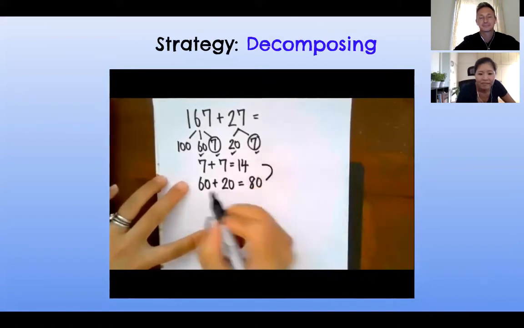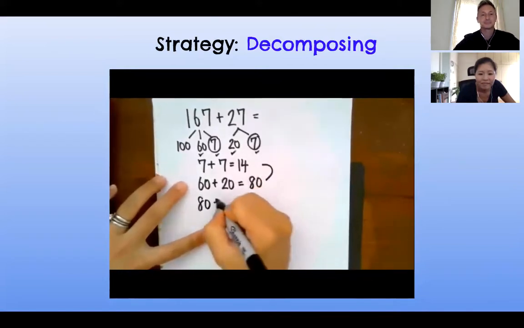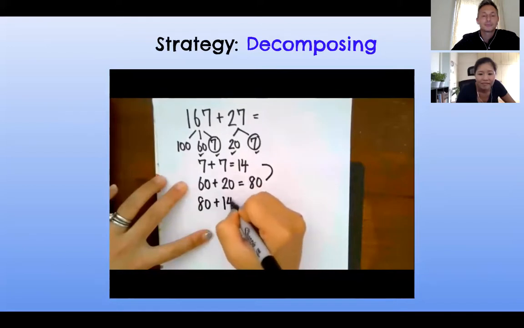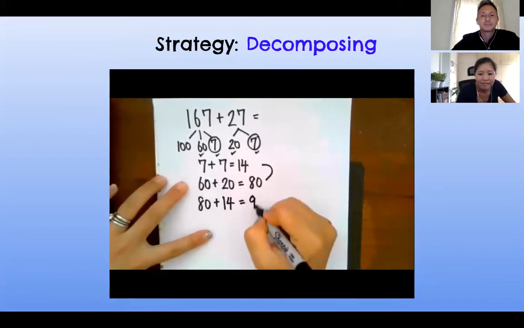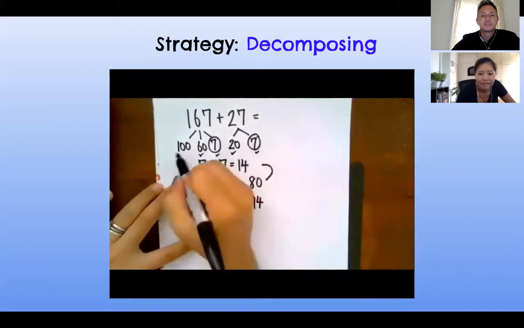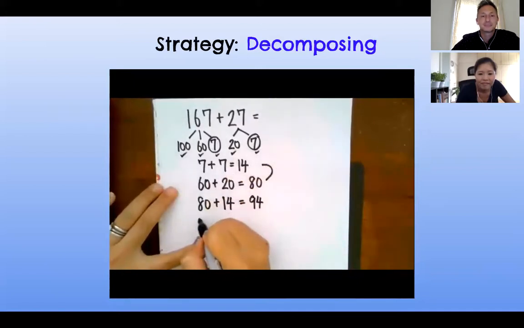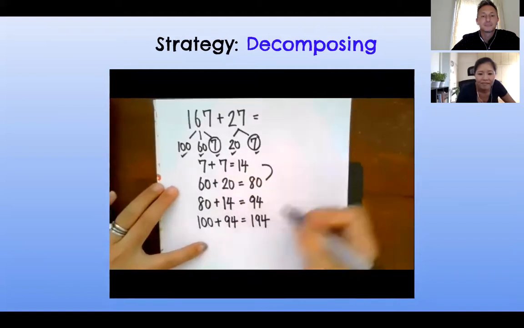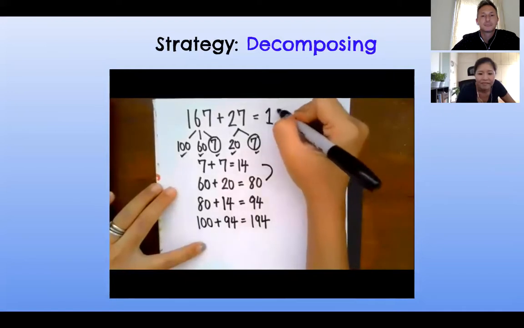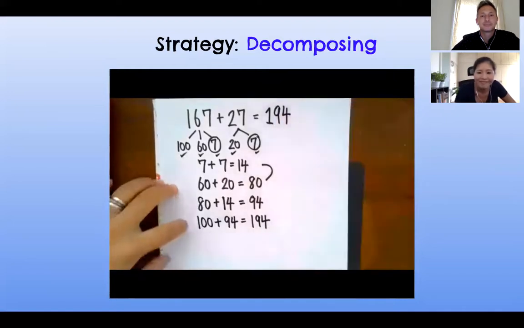After that, I'm going to add these 2 numbers, 80 plus 14. 80 plus 10 is 90. 4 more is 94. Finally, I'm going to add my hundreds. 100 plus 94 equals 194. So the sum, the total is 194.